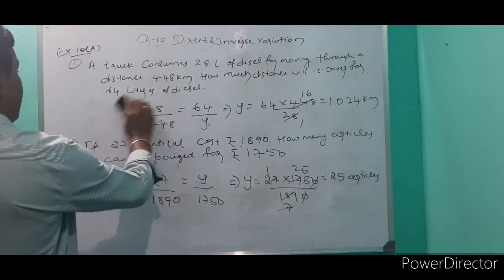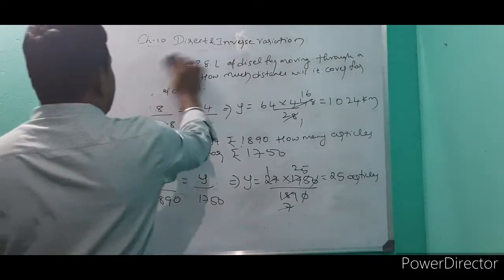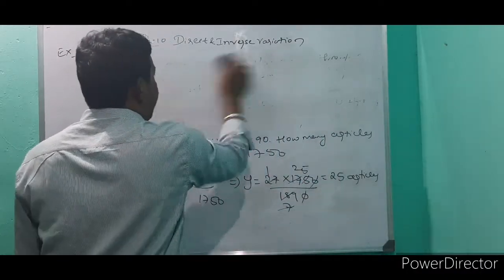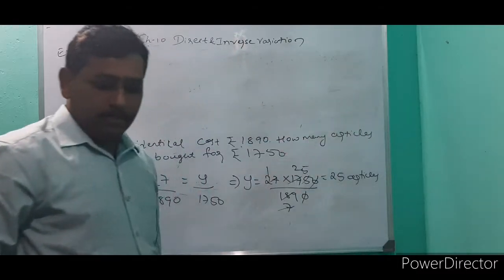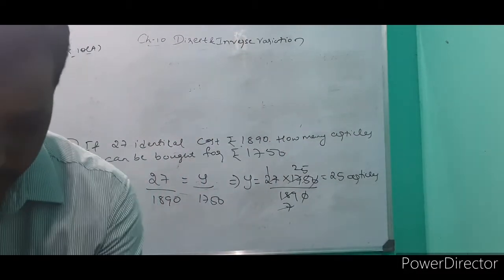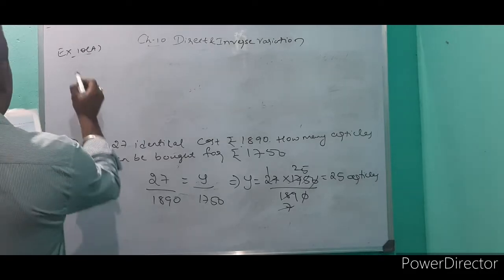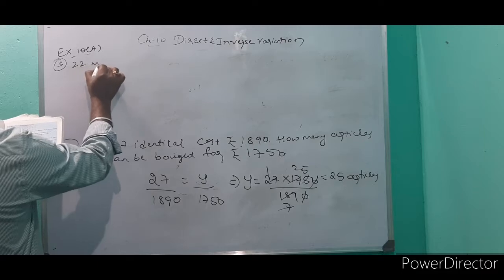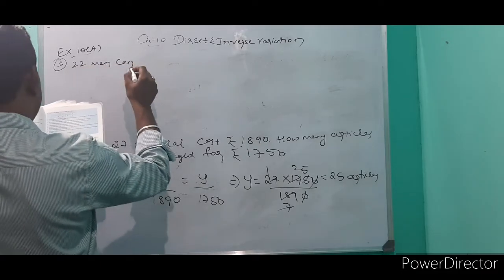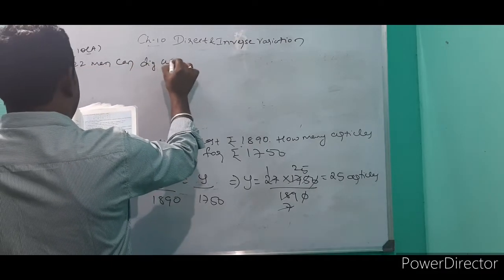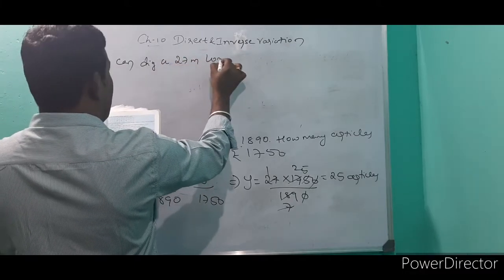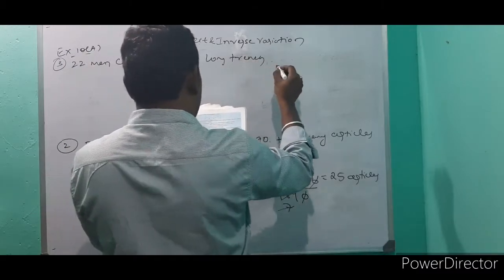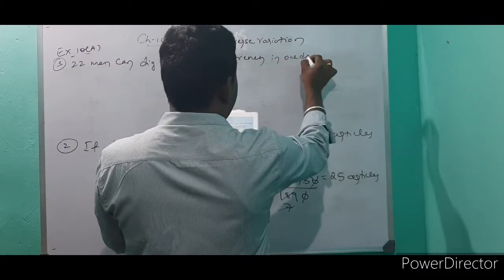So another problem. Next problem: 22 men can dig a 27-meter long trench in one day.